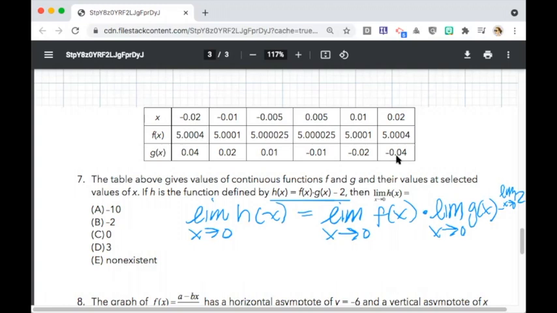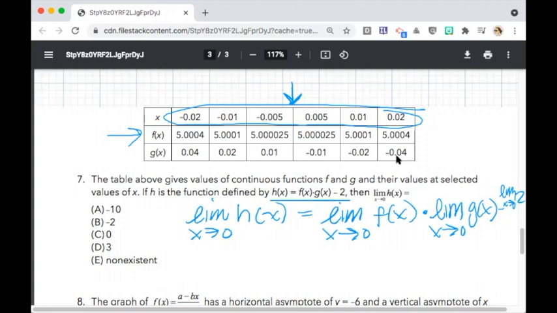Okay, so let's look at each one and figure out what it is. Let's look at just f of x. We're looking as x approaches 0, so that means you're going to look at this right here. This is telling you as x approaches 0, which is going to be right in the middle. This is approaching 0 from the left side and from the right side, and as you can see, it's going to be 5.